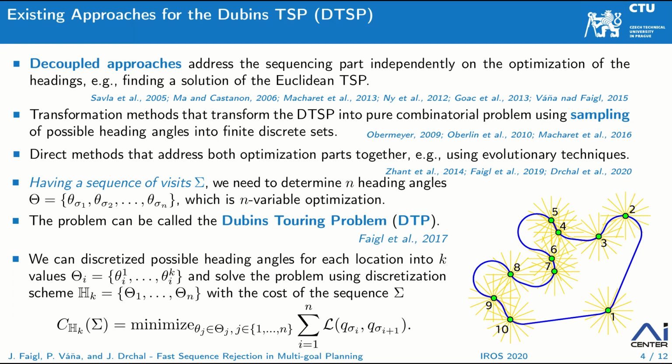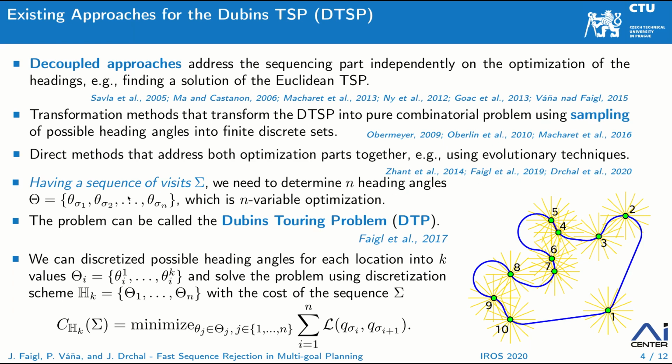So, from an instance of the DTSP, we create an instance of the generalized asymmetric TSP that can be solved optimally for the used discretization, or we can use a heuristic solver. Finally, there are direct methods that address both optimization parts together. For example, using an evolutionary technique or online sampling of the headings, as we did in our unsupervised learning-based approach.